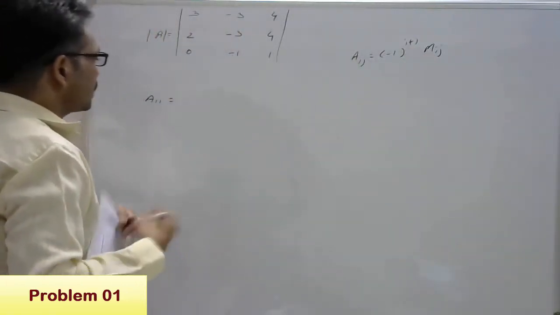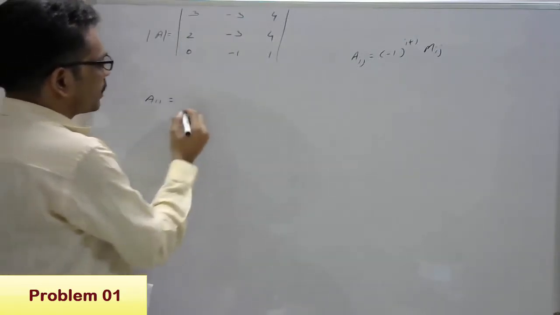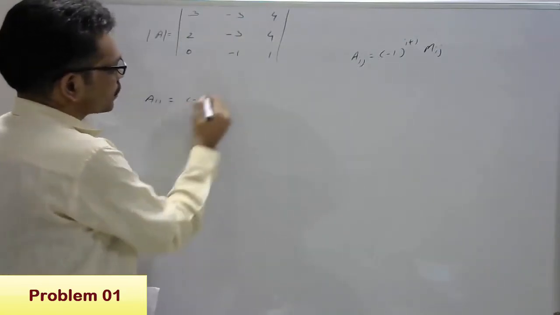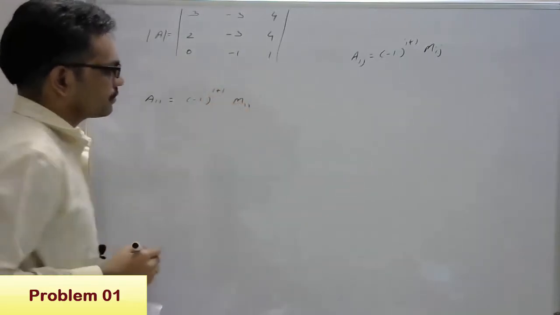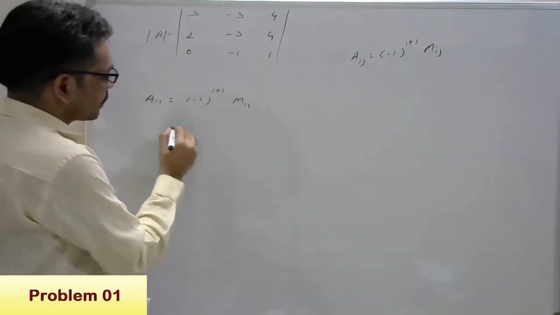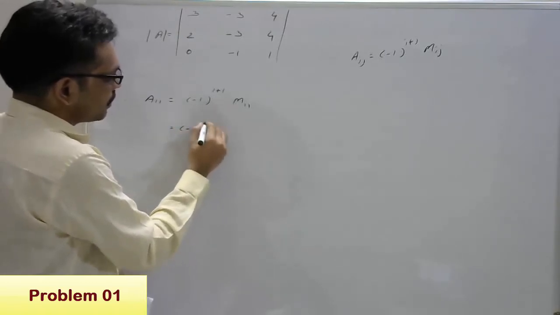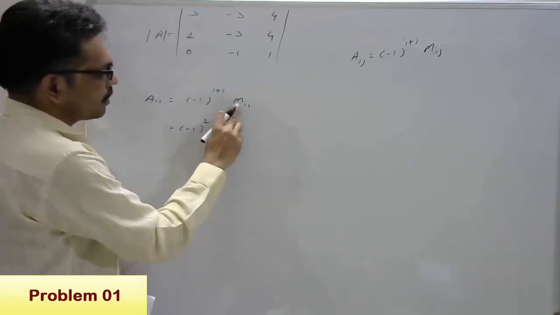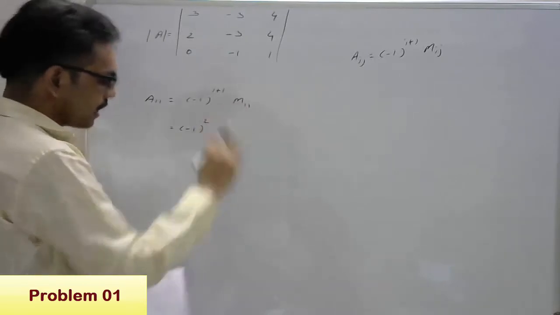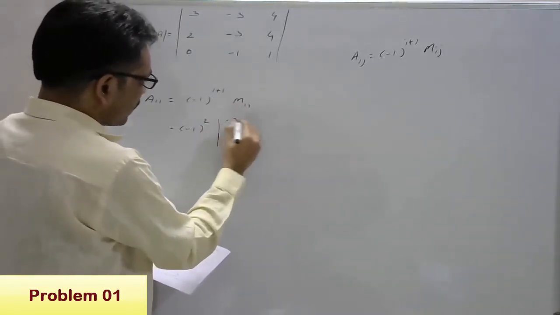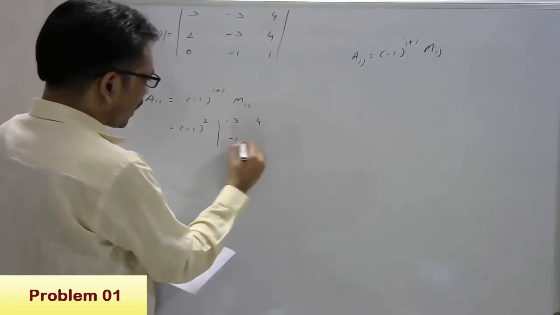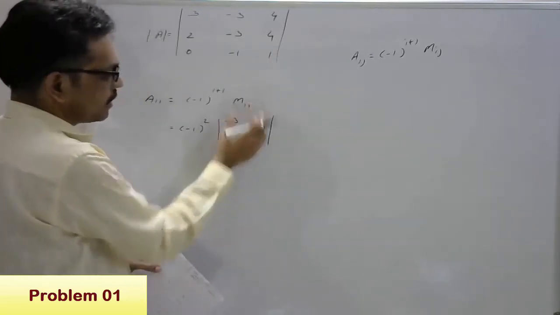The first element is A11 equals -1 raised to 1 plus 1, into the minor M11, which is -1 raised to 2 into minor M11. The minor M11 is the determinant -3, 4, -1, 1.